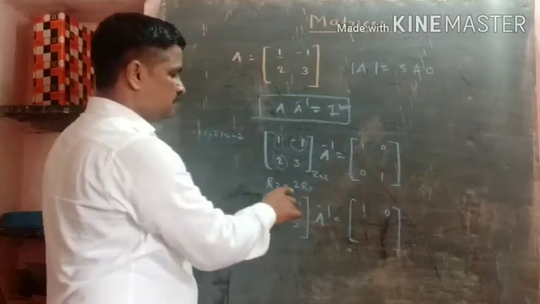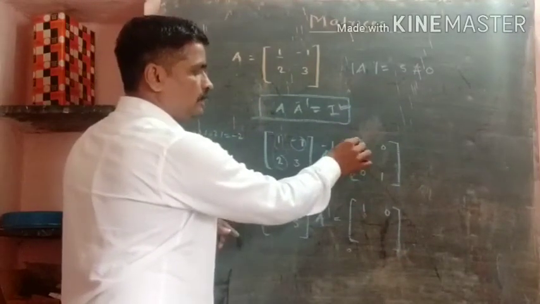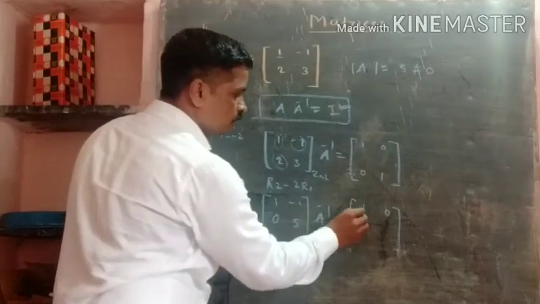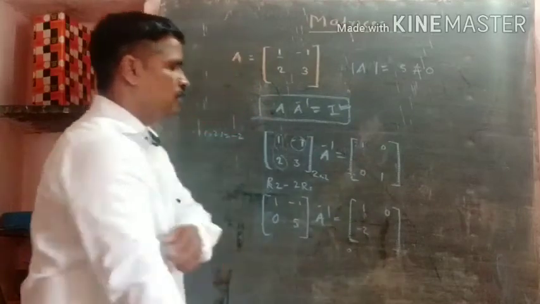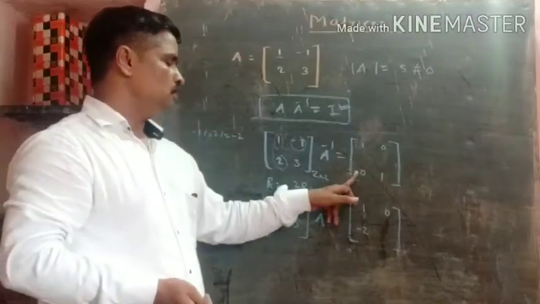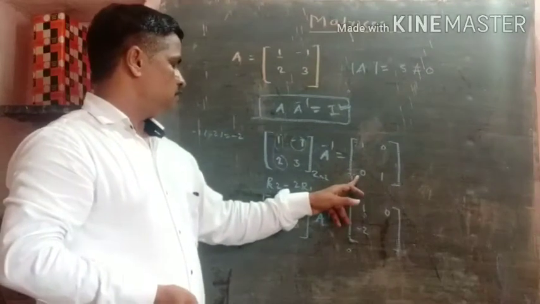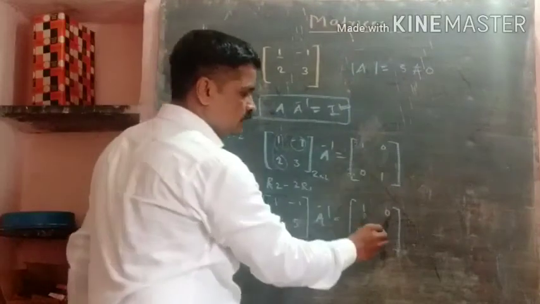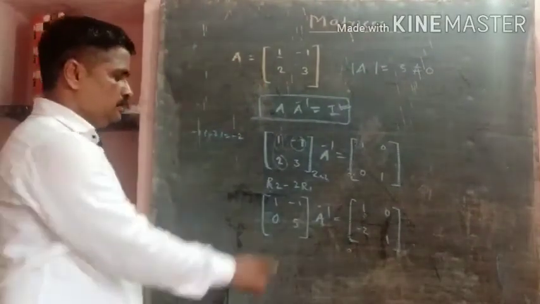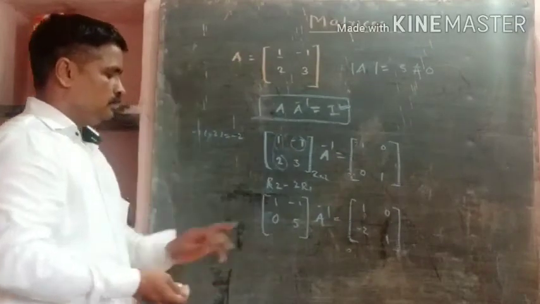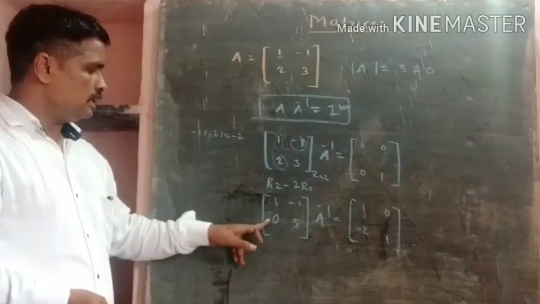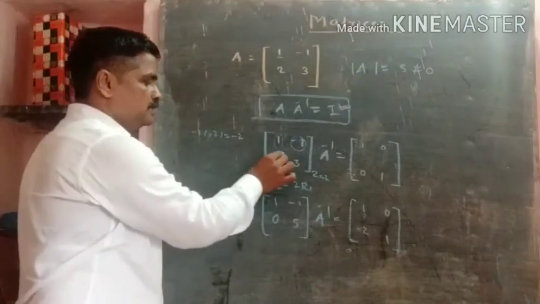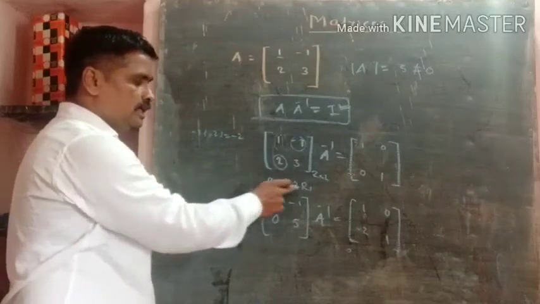For R2 minus 2R1, 2 into 1 is 2, 0 minus 2 equals minus 2, and 1 minus 2 into 0 equals 1. So R2 changes to minus 2, 1 and on the left it is 0 5, which means we replaced 2 by 0 by applying R2 minus 2R1.